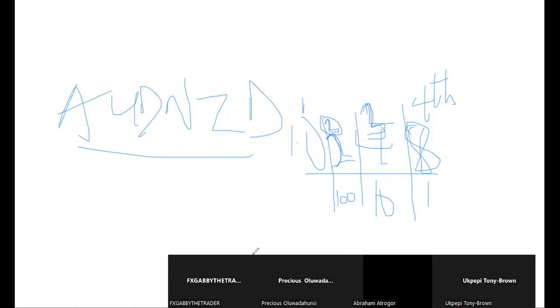Then now we said if the current price for AUD NZD shifted slightly to 1.0348, what is the pip? So you will always use your original value to compare.